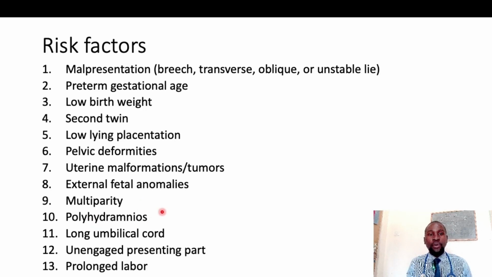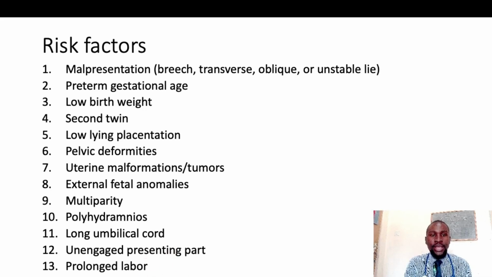Polyhydramnios: you have so much amniotic fluid in the amniotic sac, and so you have more space for the cord to prolapse. A long umbilical cord also, remember, if the umbilical cord is long, chances are high that it will reach the cervix and prolapse. An unengaged presenting part: if the presenting part is not engaged, it's high in the pelvis, there's obviously space left within the pelvis, and the cord can prolapse through that space.